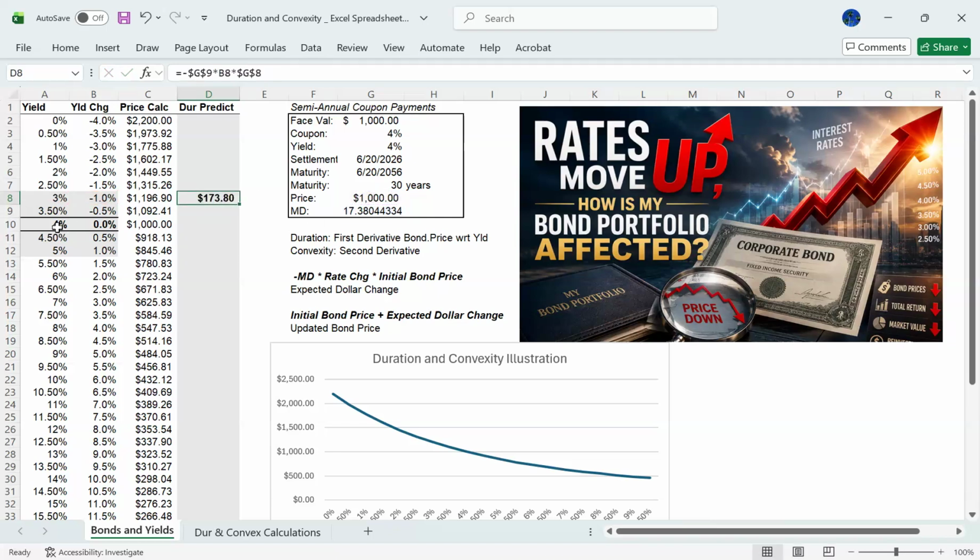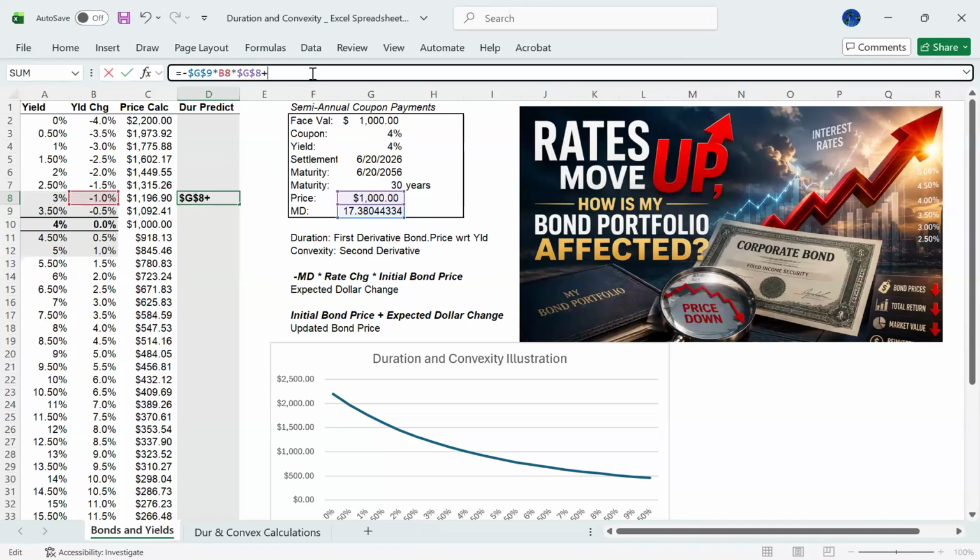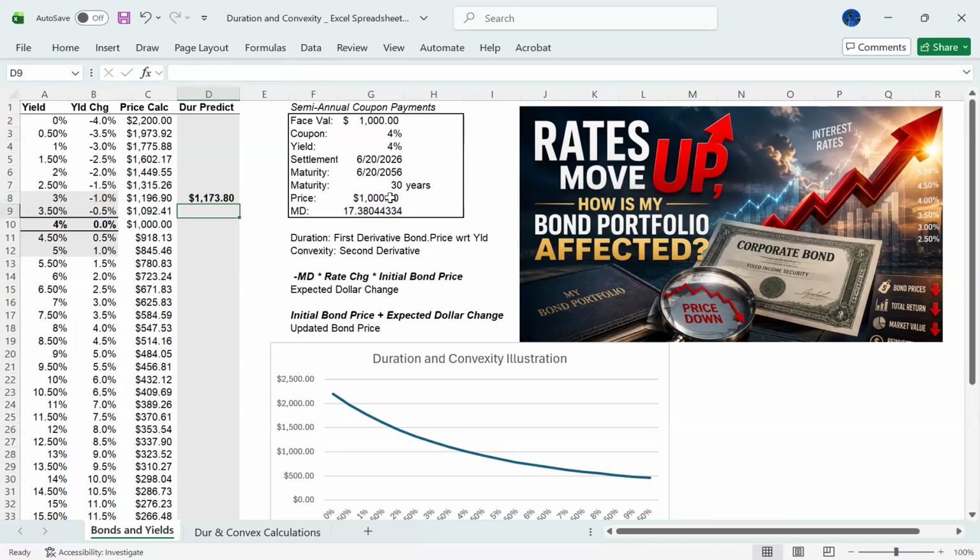So if my bond, this is the bond that we have here in this table, this is this one. If rates go down by 1%, I would expect a $173.8 increase in the price of the bond. So if I add that to the initial bond price, then I would end up with the revised, or updated, price of 1,173.8.